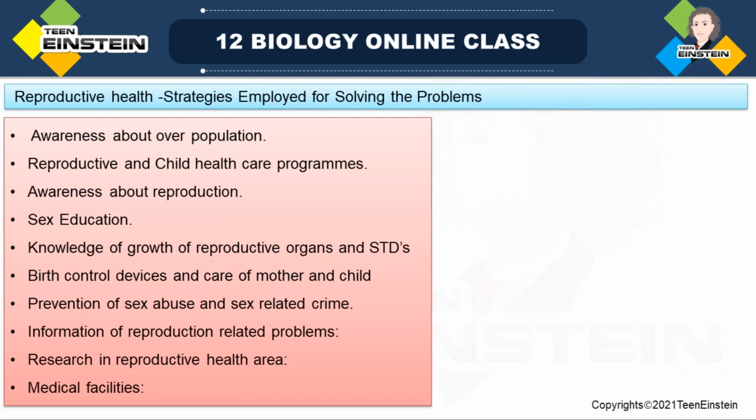Before delivery, what should be taken care of, and after delivery, how to take care of the mother and that baby with the help of expert people. So people should have a clear idea about that.